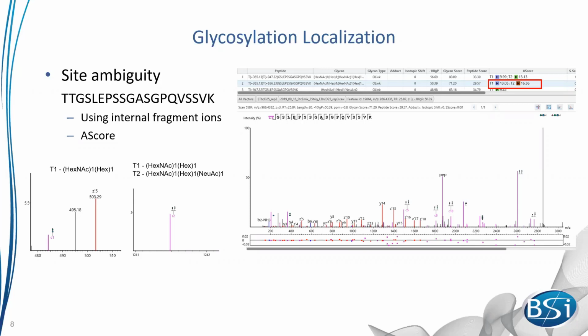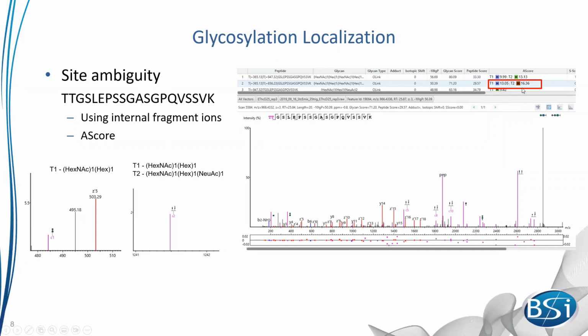Or in the case of a 0.05 p-value, that would be equal to a -10 log P of 13. So with a p-value of 0.05, we're able to localize the glycosylations to these two sites, which is quite reasonable considering the high amount of sites where the actual glycosylation can happen in this case.